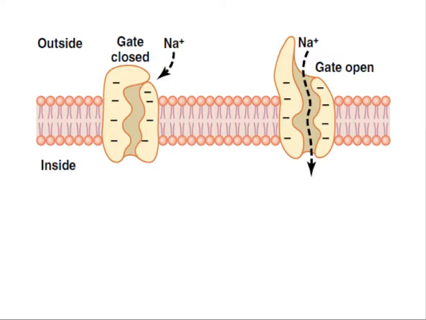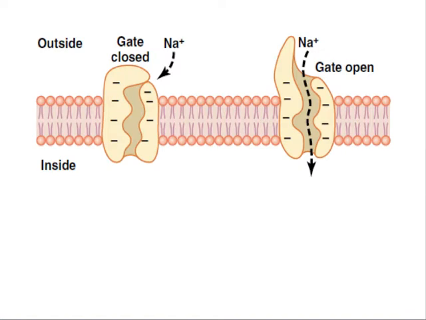And the gate-like extensions can close the channel or can be lifted to open the channel. Now, in case of voltage gating, the molecular conformation, the molecular shape of the gate and of its chemical bonds, responds to the electrical potential, the electrical difference across the cell membrane.